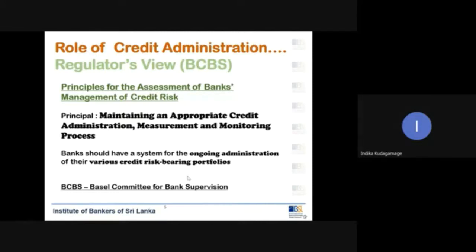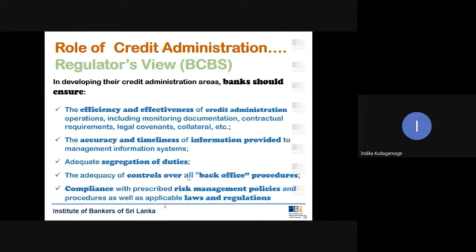Bankers should have a system for ongoing administration of their various credit risk-bearing portfolios. So the principle behind credit administration is maintaining an appropriate credit administration, measurement, and monitoring process. We need to have credit administration to measure and monitor the process. Right? Then, when we develop a credit administration function within a bank, we have to cover 5 areas.